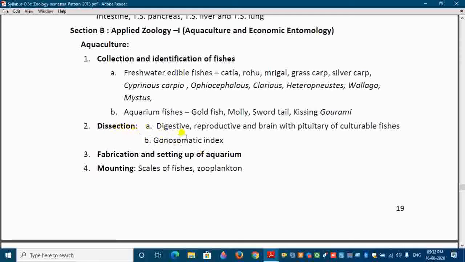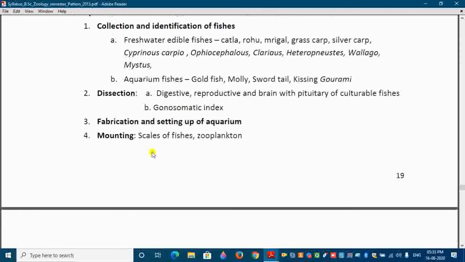You can dissect the digestive system, reproductive system and brain with pituitary of culturable fishes. Also you can do the gonosomatic index experiment. Then there is fabrication and setting up of an aquarium as well as mounting. You can prepare slides of fish scales, and collect samples of zooplankton and do the mounting process.